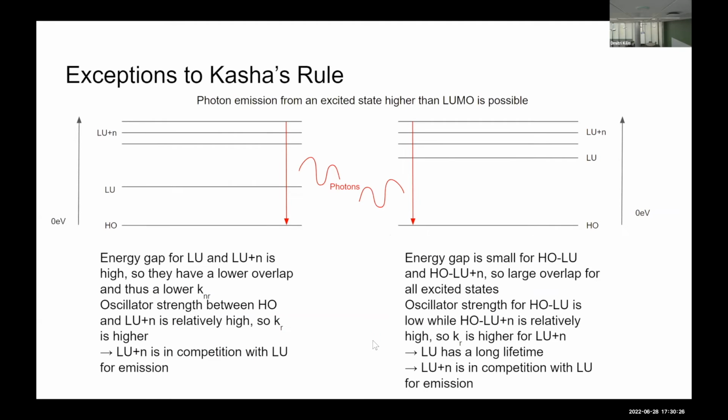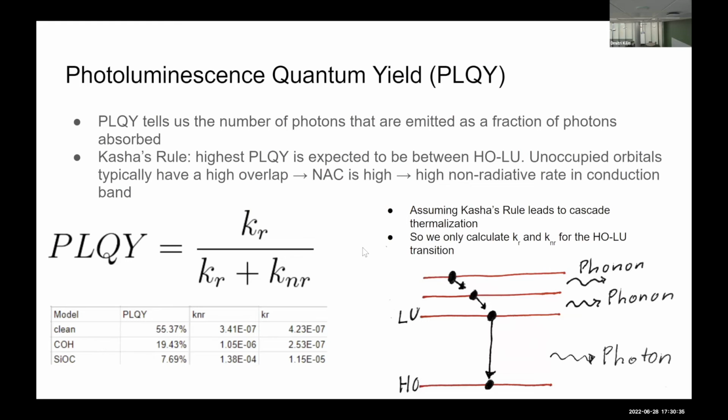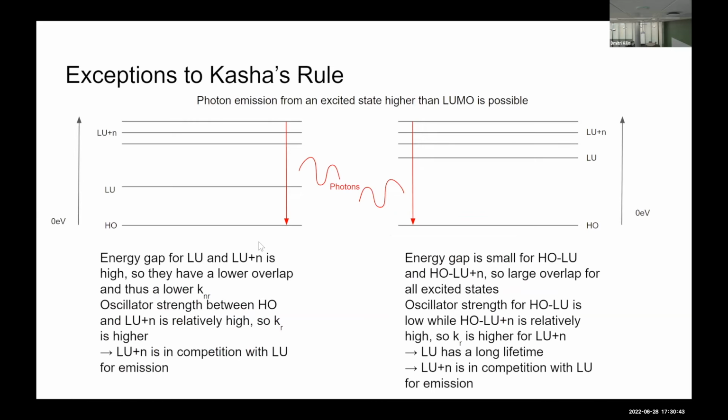So we also have some exceptions to Kasha's rule that we have to worry about. And I basically outlined how we would get these exceptions, but what it's playing with is if you want to adjust what KR, KN are in order to get emission from a different level.